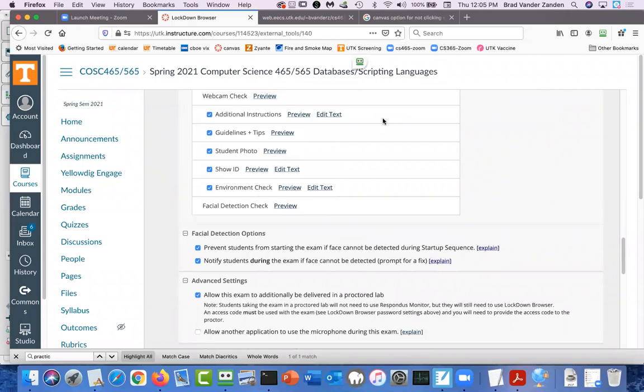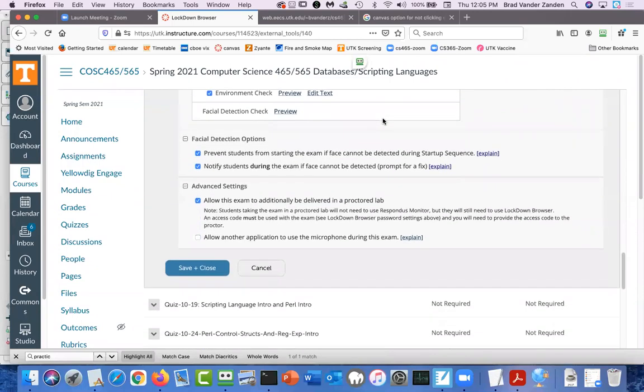Yeah, we can see it. I have this advanced setting, allow this exam to additionally be delivered in a proctored lab, and I checked it in case someone couldn't activate their webcam. But anyone who enters the access code ends up disabling the camera. So we just don't enter the access code if we have a webcam?